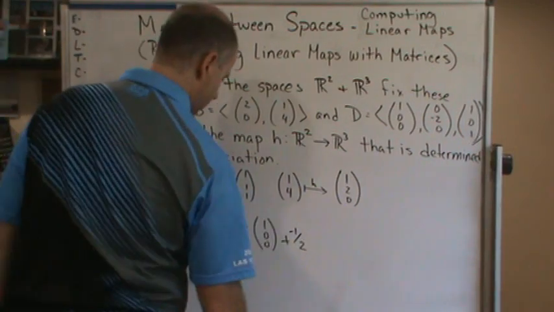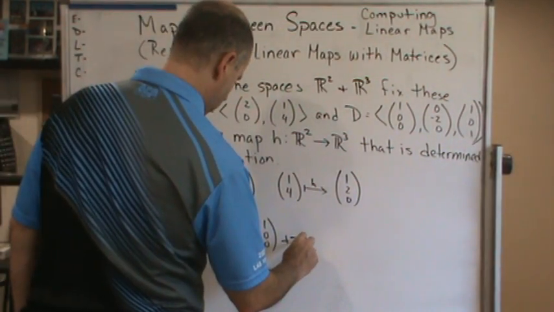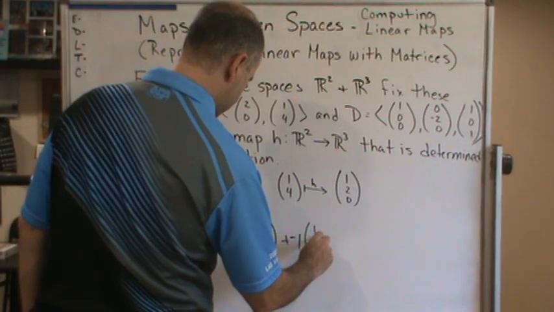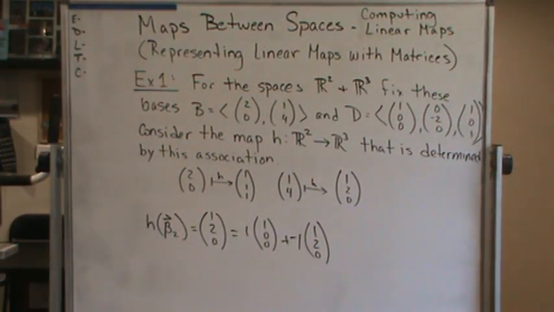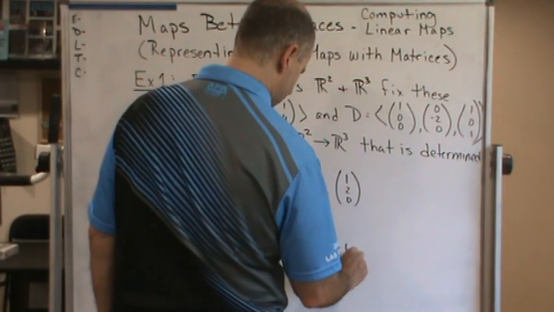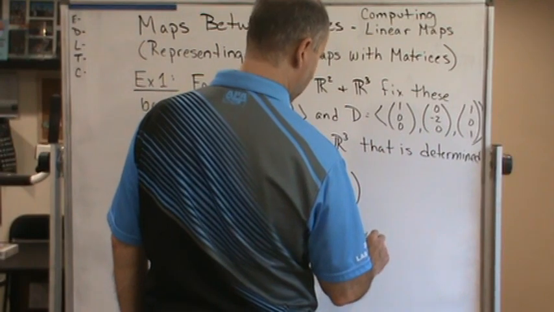No. We want negative 1 times 1, 2, 0. Well, this will have to be 0. The last one has to be 0 because we can't have a 1 here. So that's going to be 1, 0, 1.